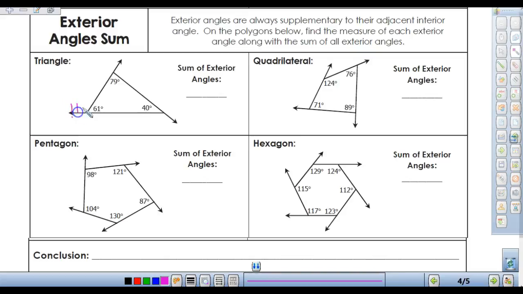Yep, you're right, it's 180. What are those two angles called? Linear pair, yep. So if this is 79, this is 101, this is 40, this is 120? No, 140.